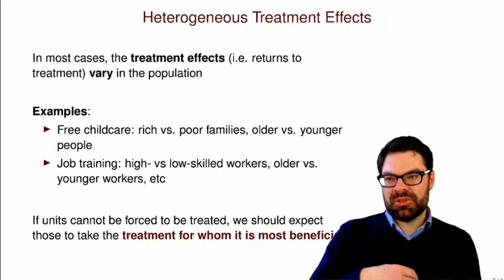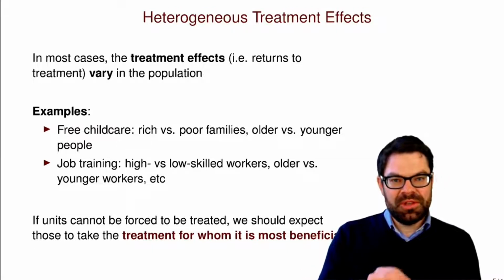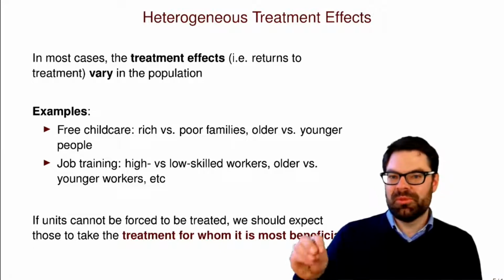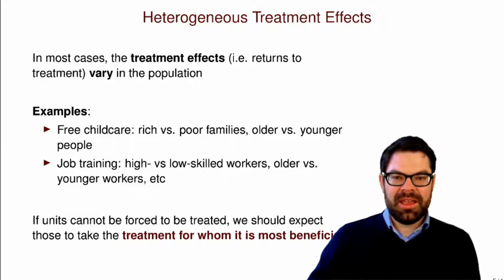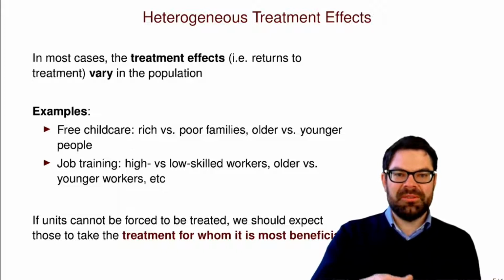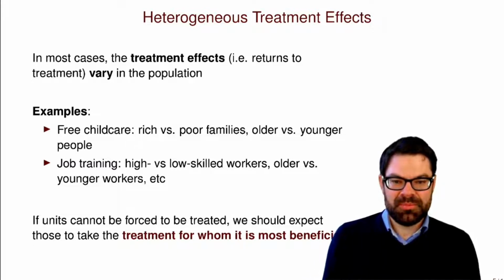Whether you give a job training program of the types that most countries have to people who are completely untrained or to people who've become unemployed from a high-profile job, probably the job training program will have a different effect on the re-employment probability of these types of workers.